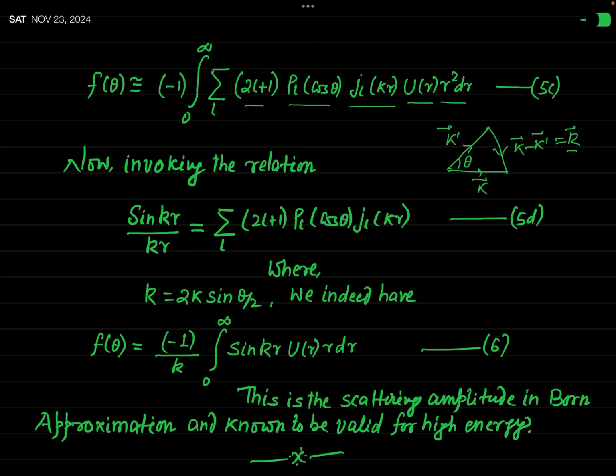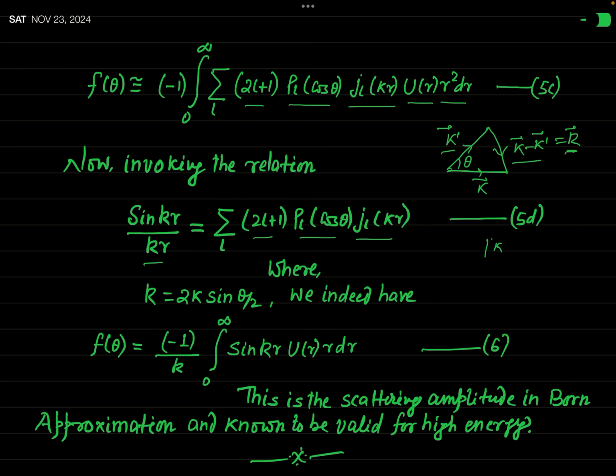Now, you must remember a relation which I am mentioning here: sine(kappa r) over kappa r equals summation over L of (2L+1) P_L of cos theta j_L(kr). Here kappa, you have seen this quantity earlier. If k is the incident wave vector and k dashed is the scattered wave vector, then kappa is k minus k dashed.